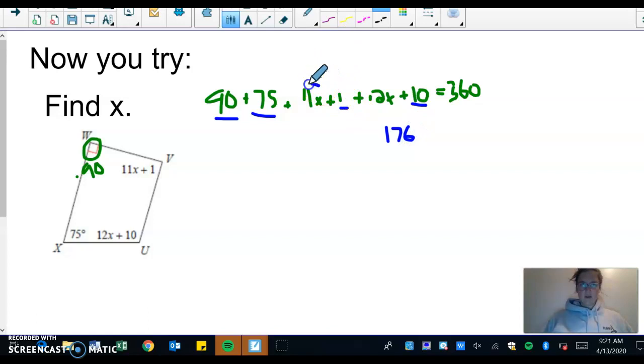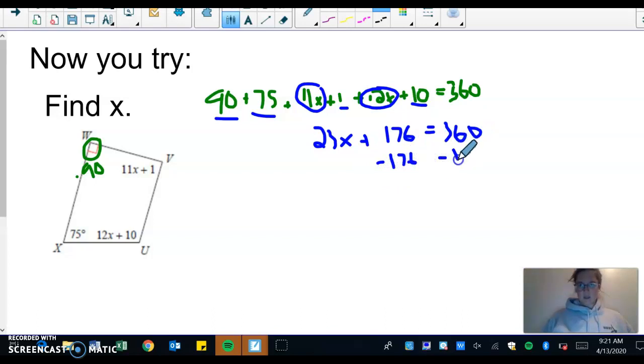And then my other like terms are 11x and 12x. So I have 23x plus 176 equals 360. So you want to subtract 176, subtract 176.